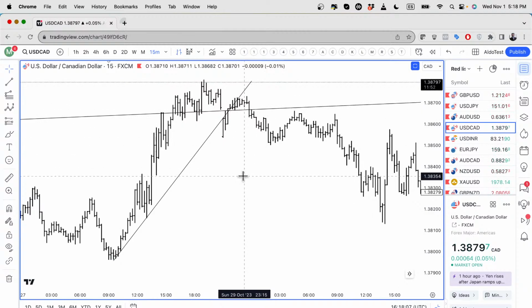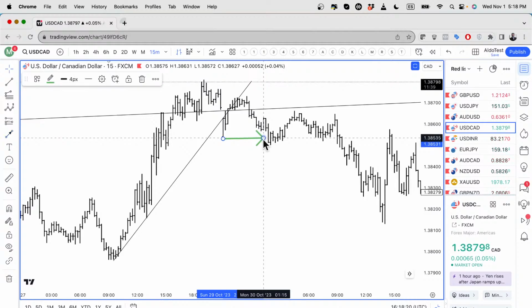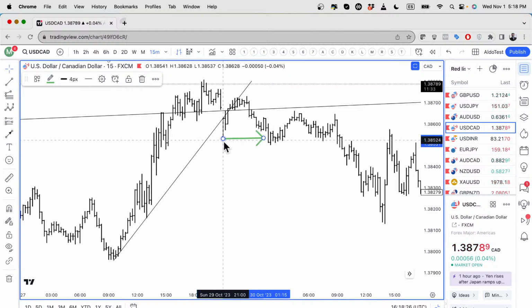Now, what is the way that we apply this? Well, we know from the video that the low of this should be penetrated, and our strategy says that we sell 1 pip below the low of the bar that gapped.